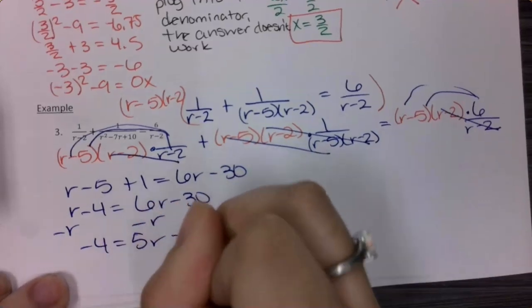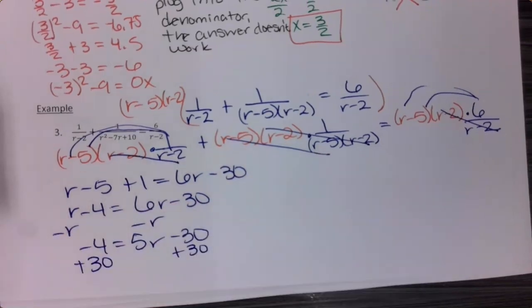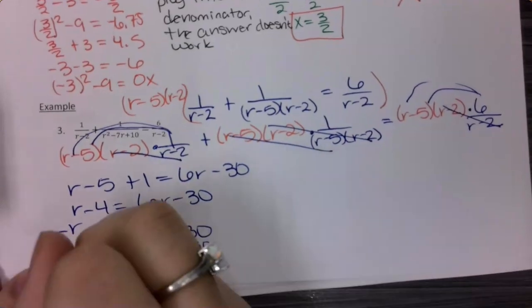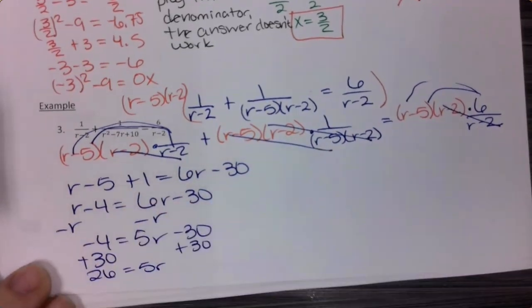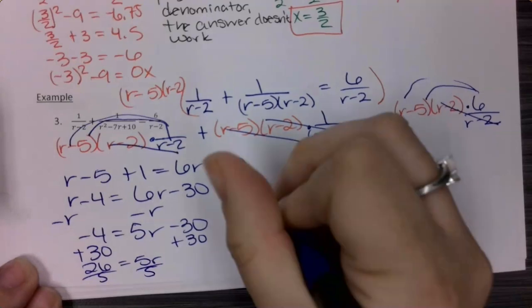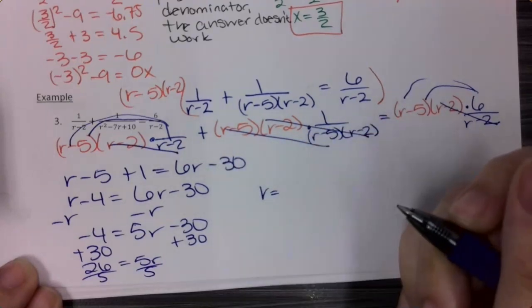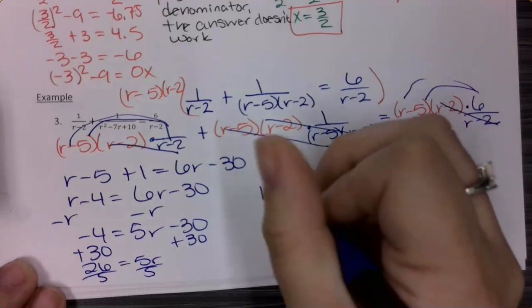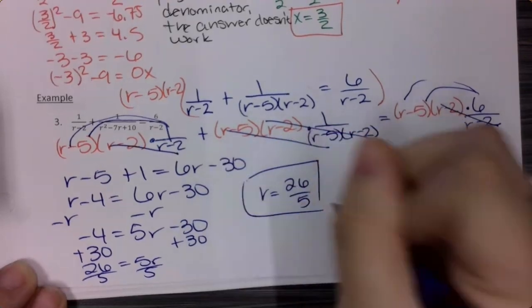Then I want to add 30 to both sides. What is negative 4 plus 30? 26. Then I can divide both sides by 5. Gets me R equals, does 5 divide 26 nicely? No. So 26 fifths. Questions on number 3?